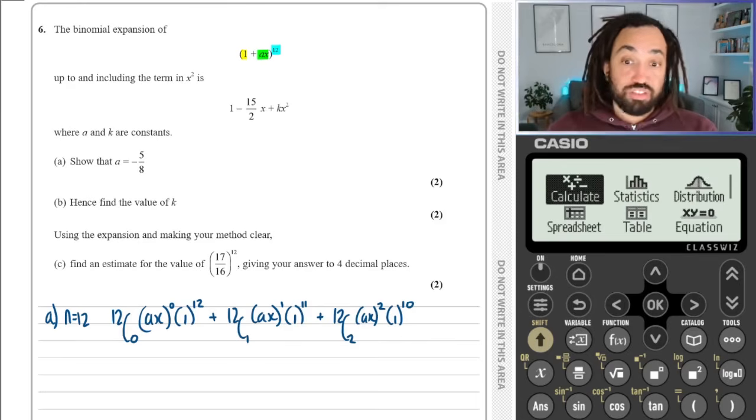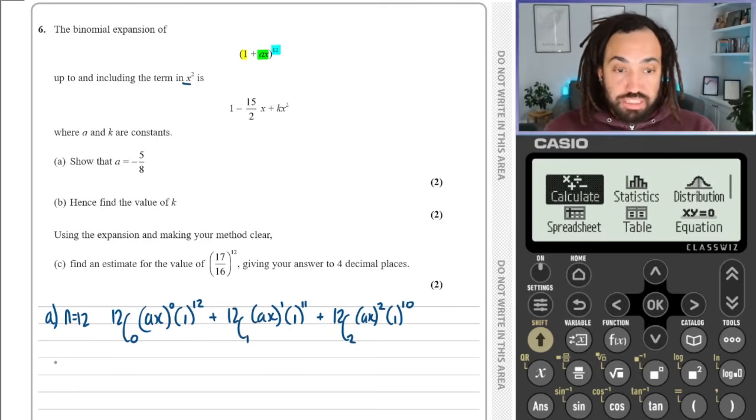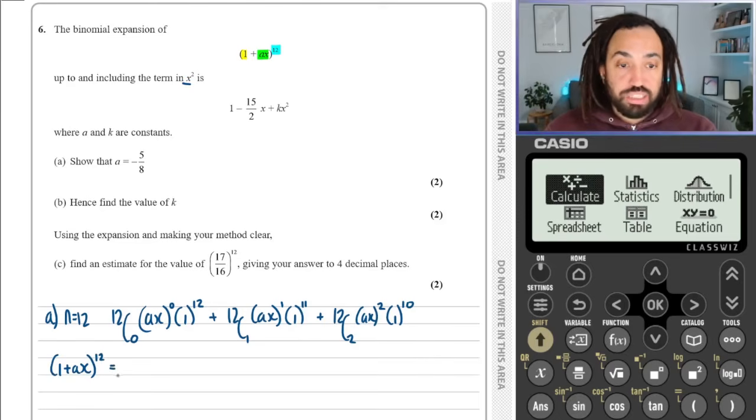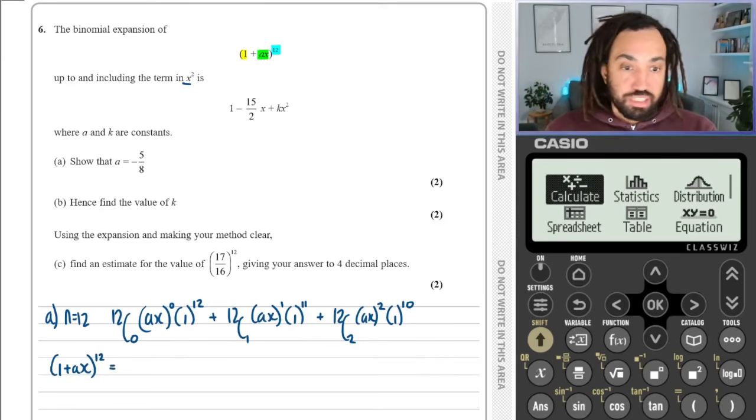Of course we could carry this on all the way, but we don't need to, because we just need to go up to the x squared term, and this gives us the x squared term here. So (1 plus ax) to the 12 is equal to, without using the calculator, I know that 12 choose 0 is 1.